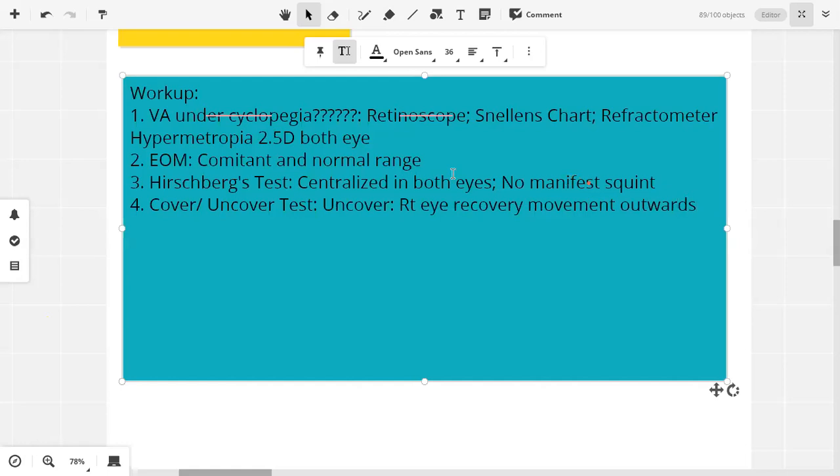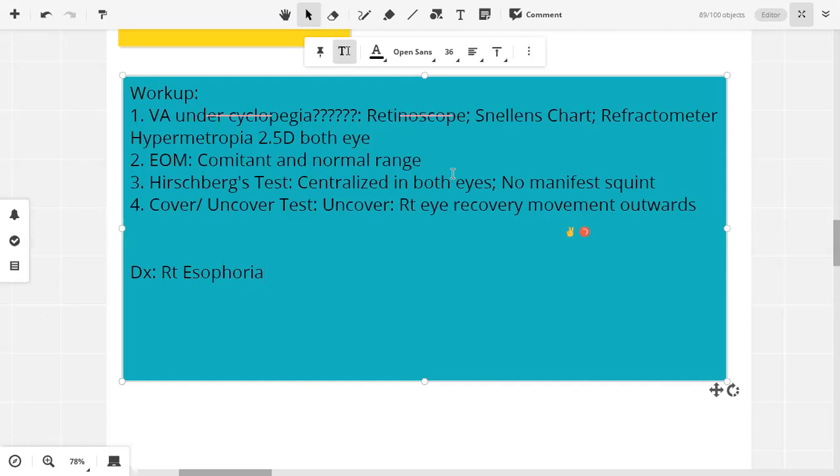So what does this mean? Esophoria. He has an esophoria because the recovery movement is outwards in the right eye. So on the basis of that flowchart, we have found out that our patient has right esophoria.